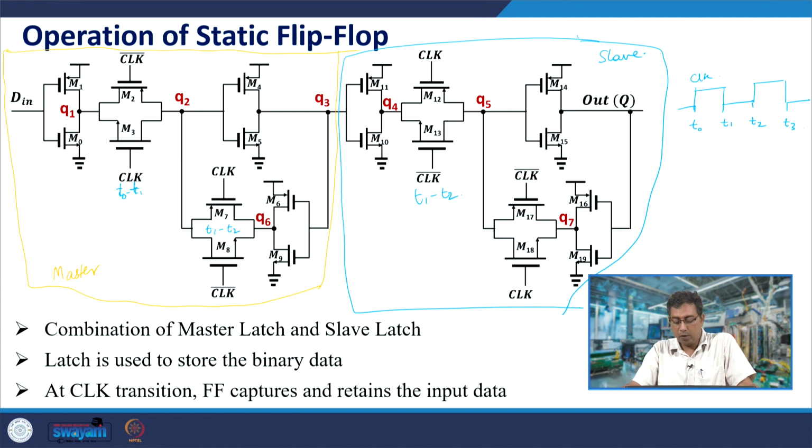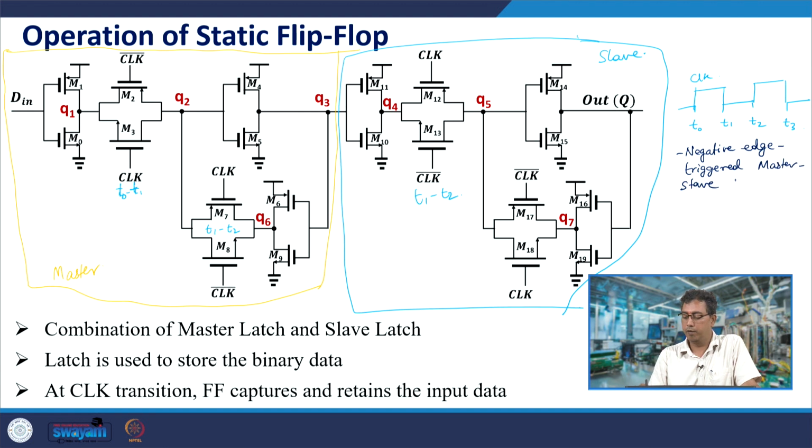Once the clock turns low, that is at T1, after the delay from Q3, because now this transmission gate is on, after the delay roughly from Q4 to Q, or Q3 to Q, your data is available. So, this is a negative edge triggered master slave flip flop.